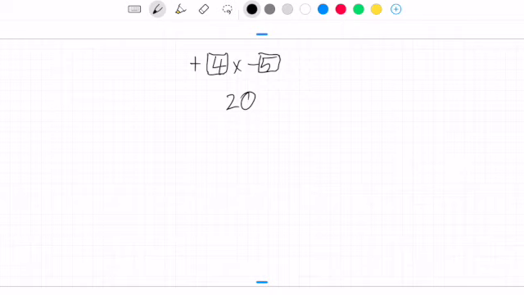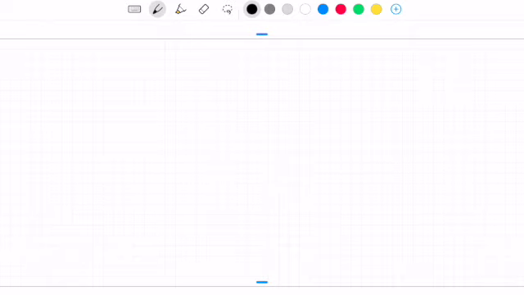And now we look at the signs. We have one negative sign and one positive sign. With a positive and a negative, the negative will always be dominant, no matter what. So it becomes -20.